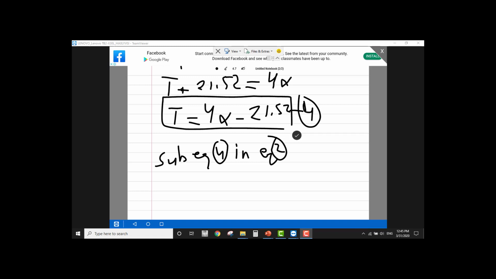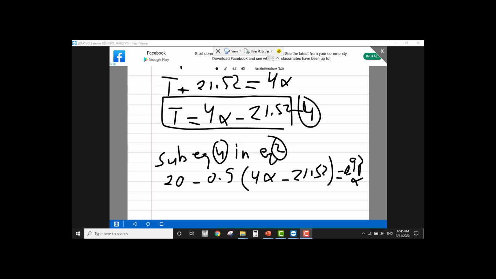From equation 2 we have 20 minus 0.5 multiplied by, instead of T, I write 4 alpha minus 21.52, and this is equal to 0.98 alpha.